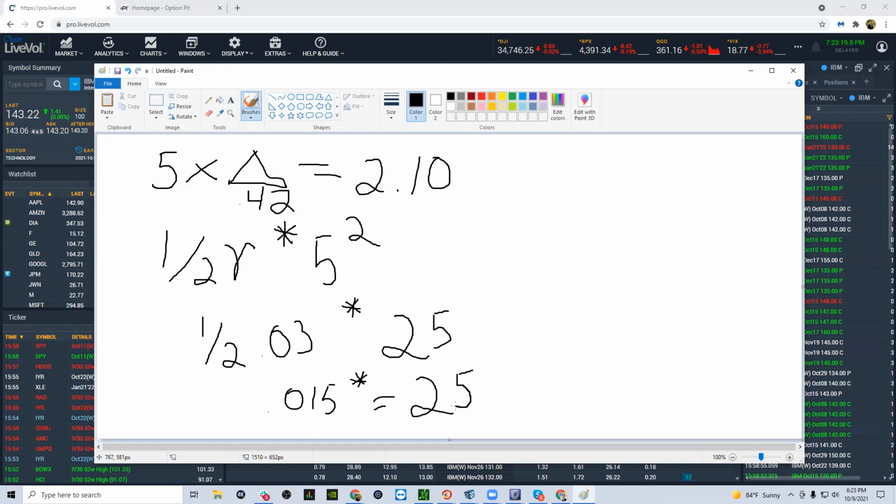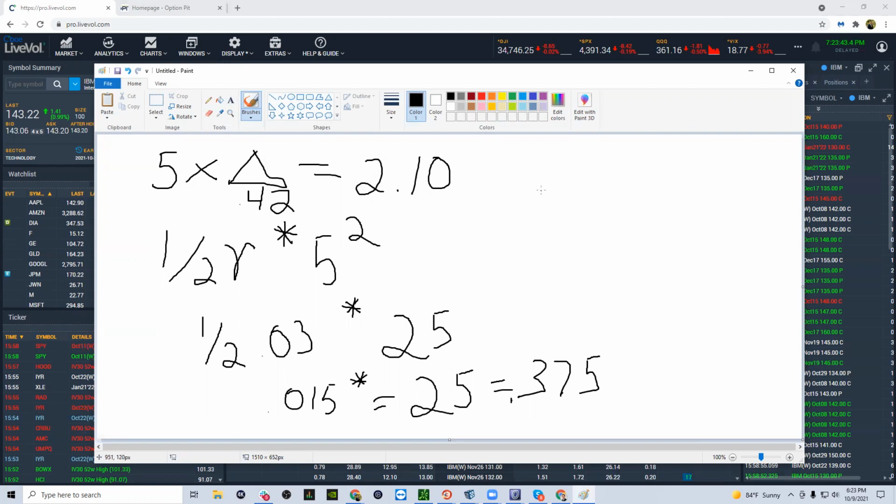And you guys know what 1.5% of 25 is, right? 37.5 cents. So on top of the $2.10 that the option will gain, it will also gain an additional 37.5 cents, and that is from the increase in delta.